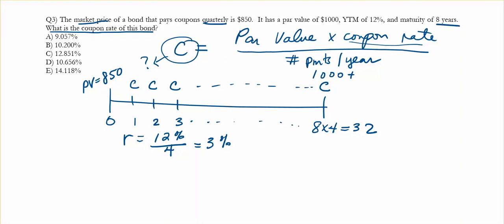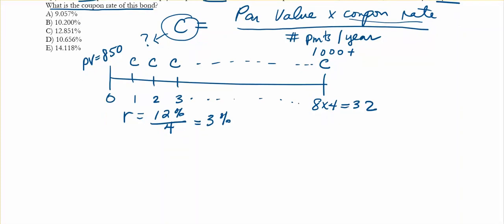So now we have all of the components for a coupon bond except for the coupon payment, but because we have all the others, we know that we can find the coupon. Right, now in this question I will skip over writing the formula, but we could plug all the numbers into the formula and then solve for C, or just using the financial calculator, put the values that we see here.